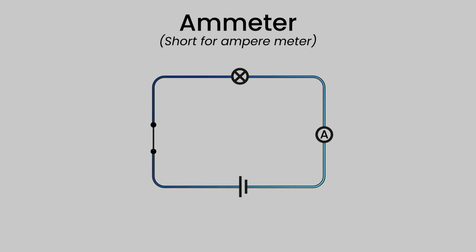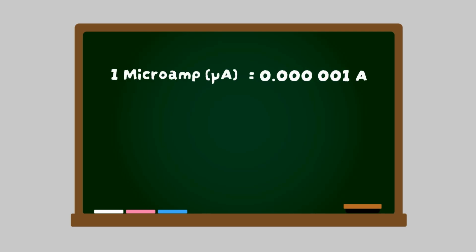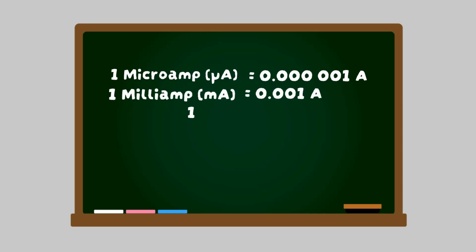Measuring current in a vehicle's circuits can vary quite a lot, and again we will need to use prefixes. 1 microamp is 0.000001 amps. A milliamp is 0.001, and 1 amp is just 1 amp.